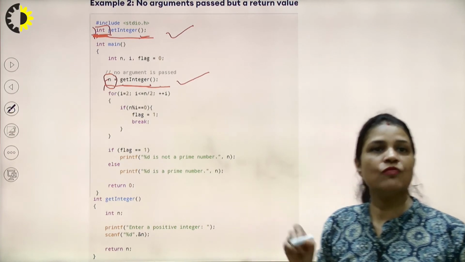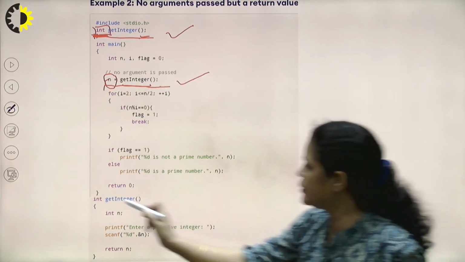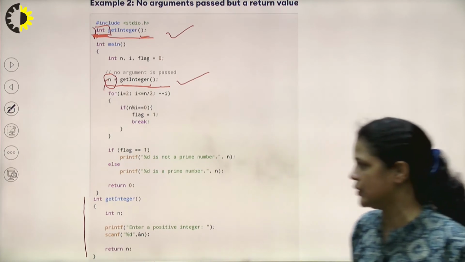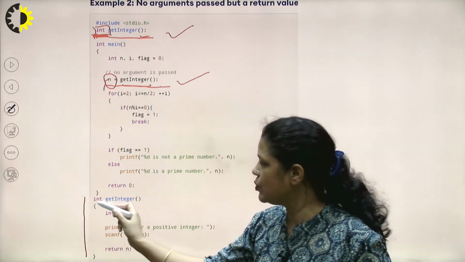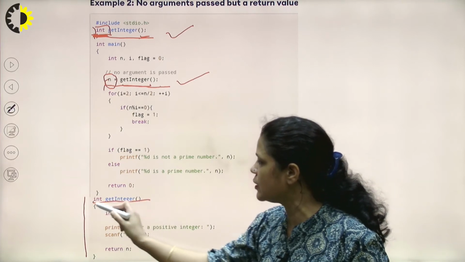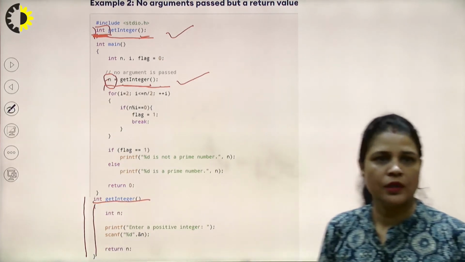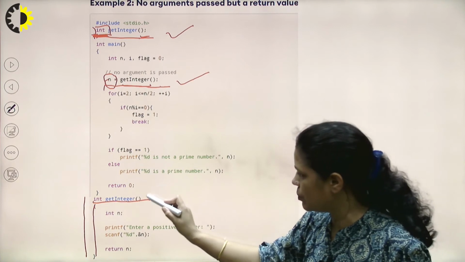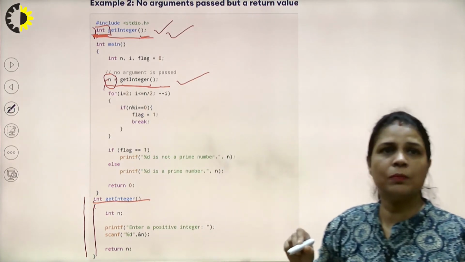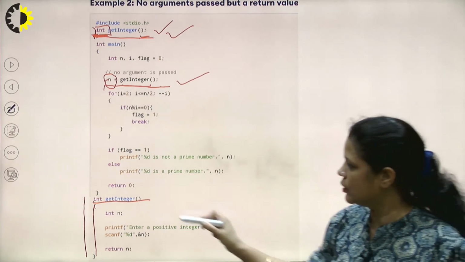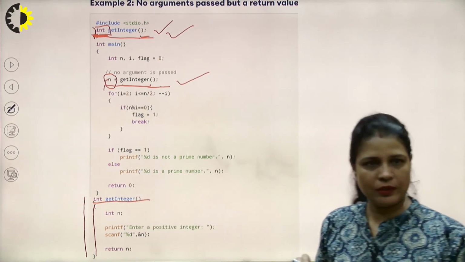Then come on to the function definition. Here, this is the function definition. The function definition has two parts: one is the function header and another is the function body. The function header is the same as the function prototype except for the semicolon, so we'll write the same here.